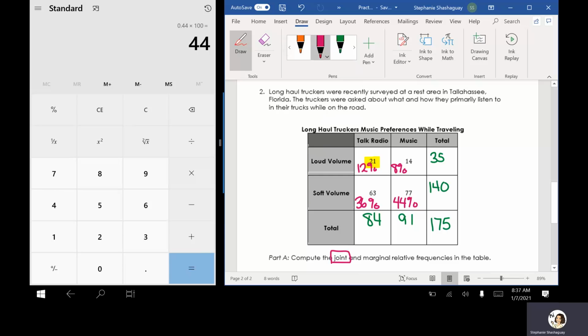Now we can get started with our marginal relative frequencies. Okay, so how many truckers listen to talk radio? Well, that's going to be 84, still divided by 175, and I get 0.48, multiplied by 100, and it's 48%.